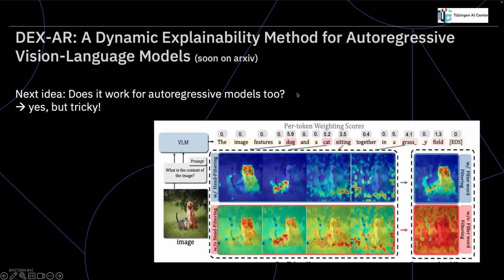The interesting problem for making explainability methods work for autoregressive models is that if you just do CLIP explainability, your life is easy. You have a prompt and an image, and you just need to compute the score for those two inputs. Now, for autoregressive models, obviously, you are producing a sequence of tokens once you generate the output.